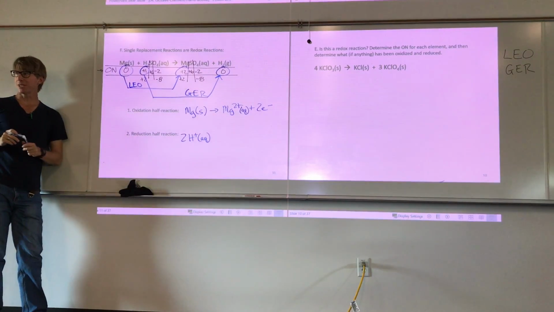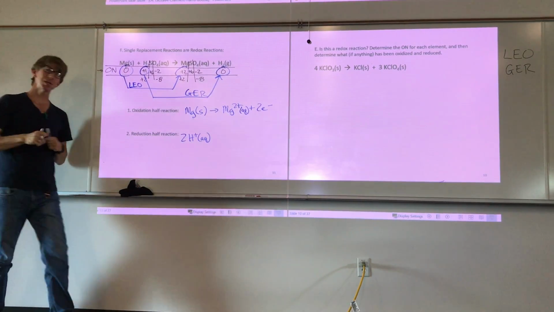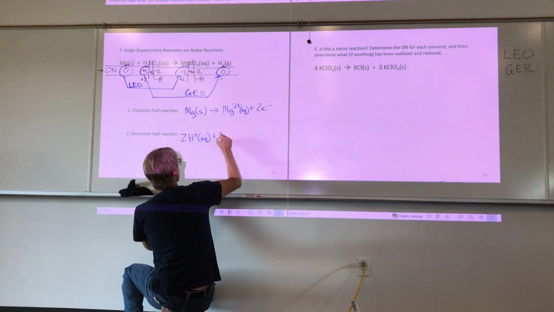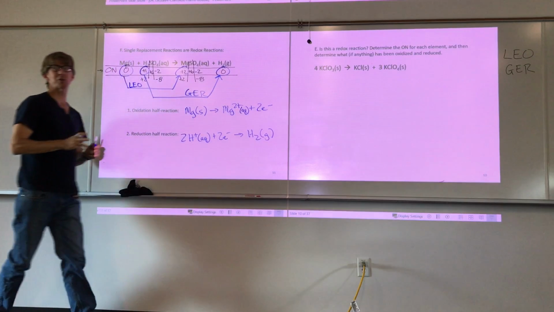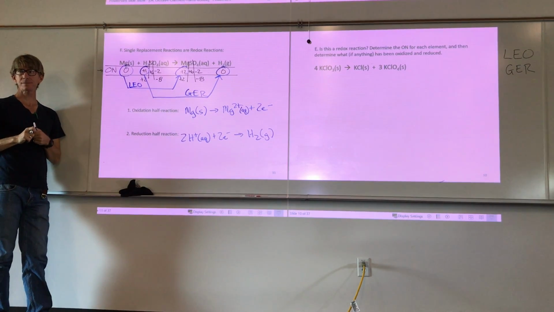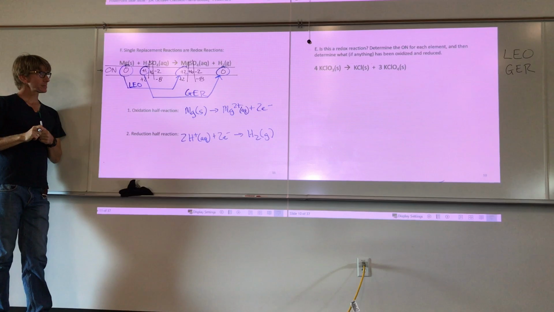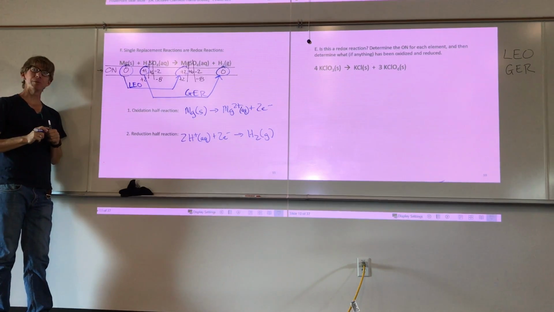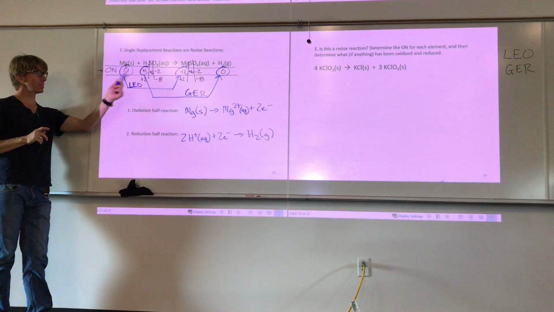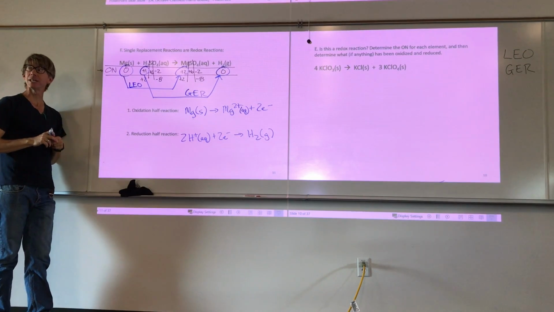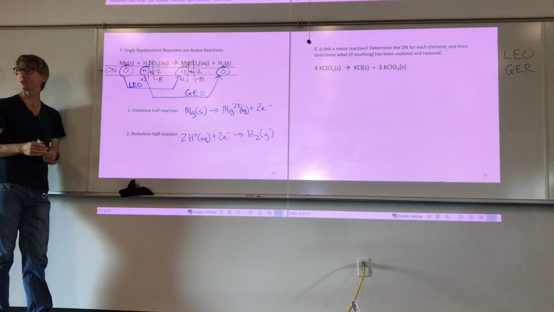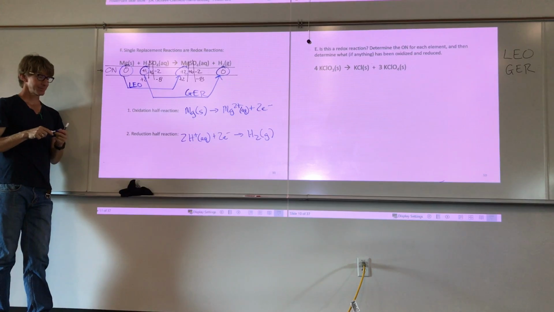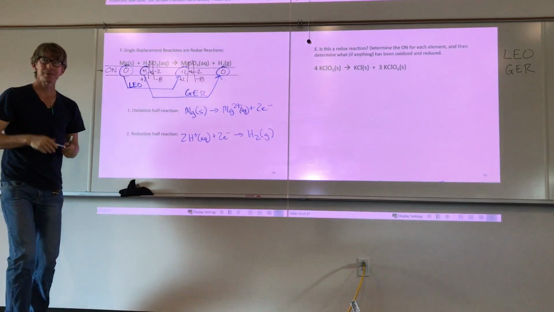You end up with 2 H pluses plus 2 electrons, go to hydrogen gas. And we'll do this in lab for lab number 3 as well. We'll actually do the reactions, like literally do them. And then we will literally write everything that you've done just here for each of them. Okay. Any questions about this?